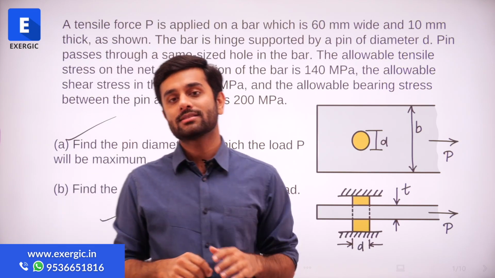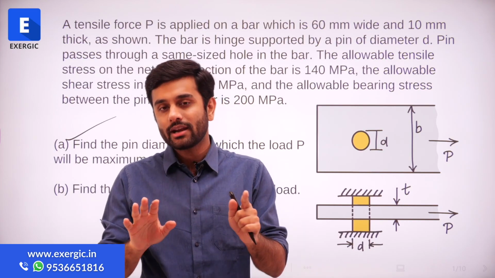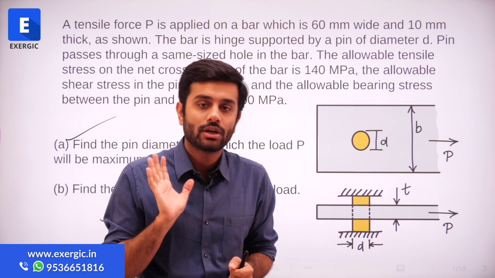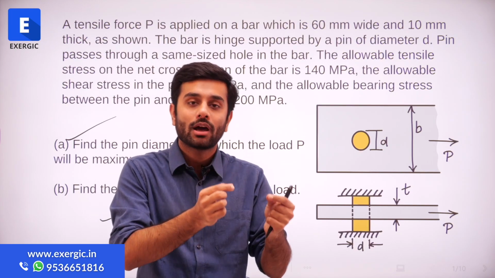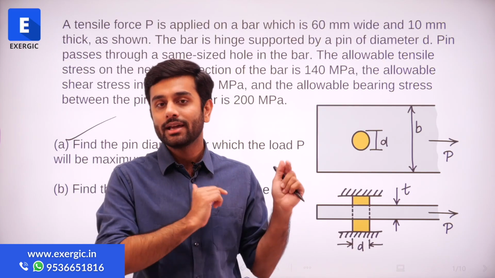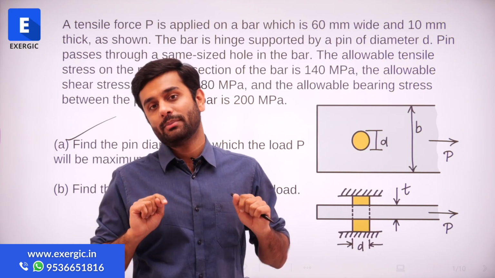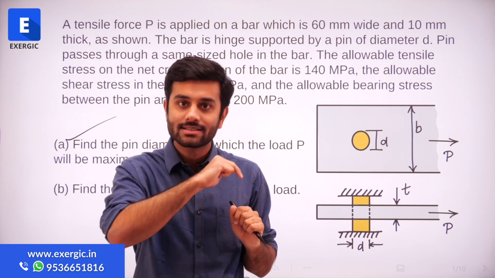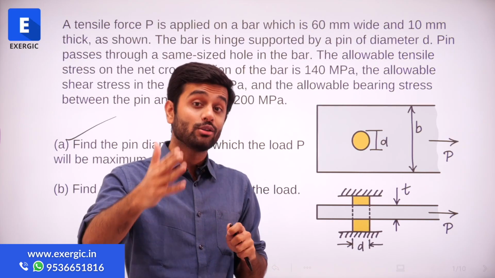So far the questions that we were solving, what we were doing in them? Generally, that diameter was given to us and we were asked what is the maximum allowable value of force that we can apply. But here things are slightly opposite. It has not given you the diameter of the pin. Rather, it is asking you, find out the diameter, and it has not given you the P also.